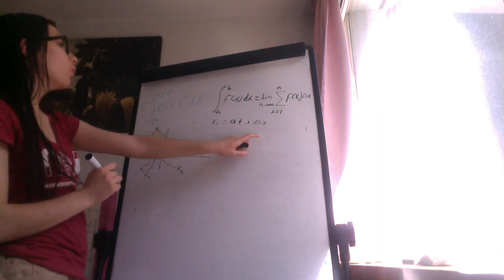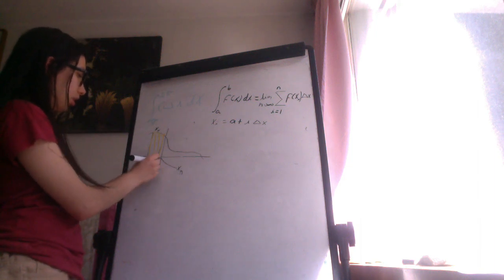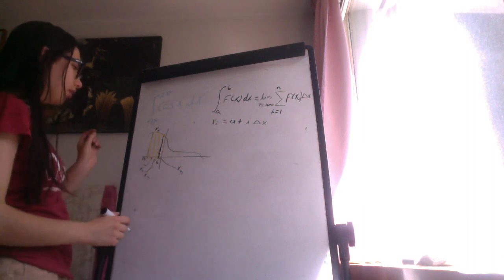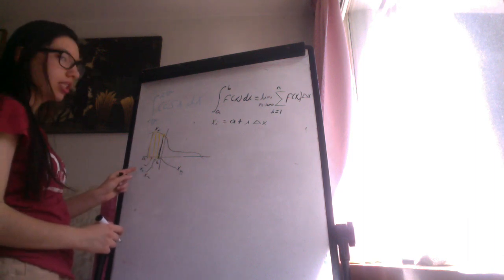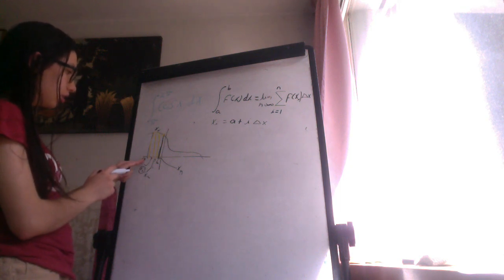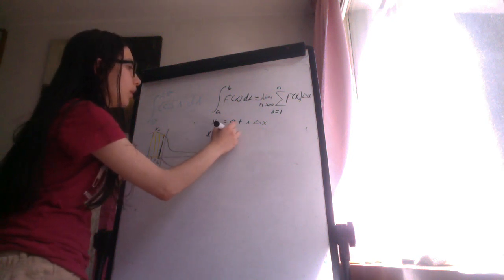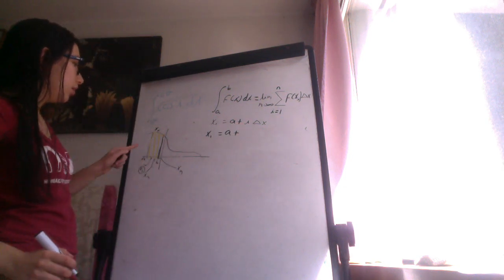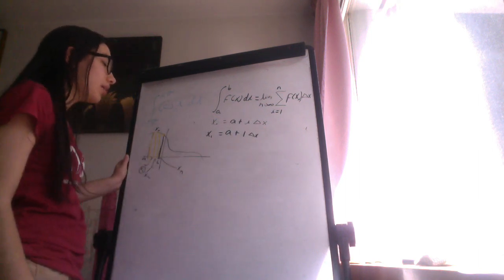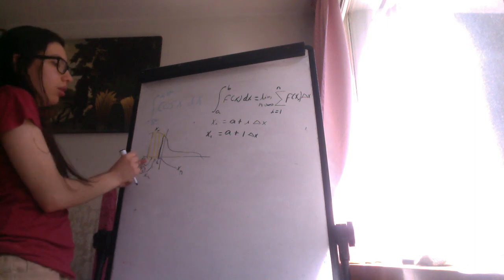That is, we are finding the definite integral from a to b. This is a, this is b. So the first term, x sub 1, will be a plus 1 times delta x, that is a plus the width of the rectangle.